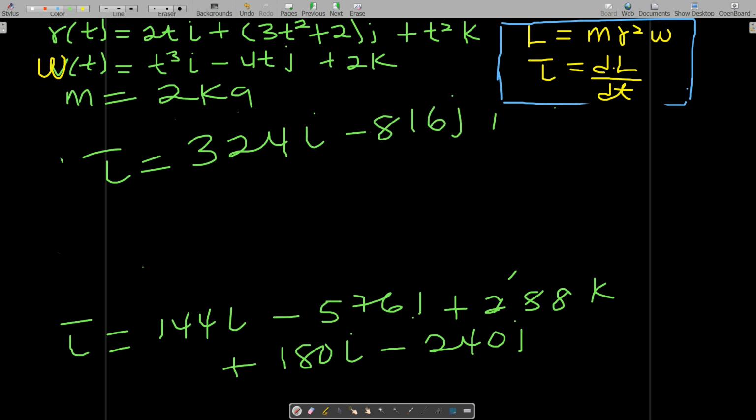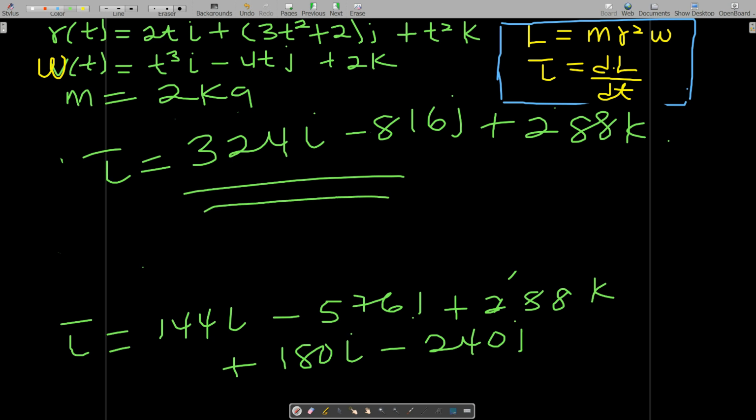Then there's no other k component at this side, so I have 288k. So this will be the torque of this particle. Okay, I hope you get it. So it's very easy like that.